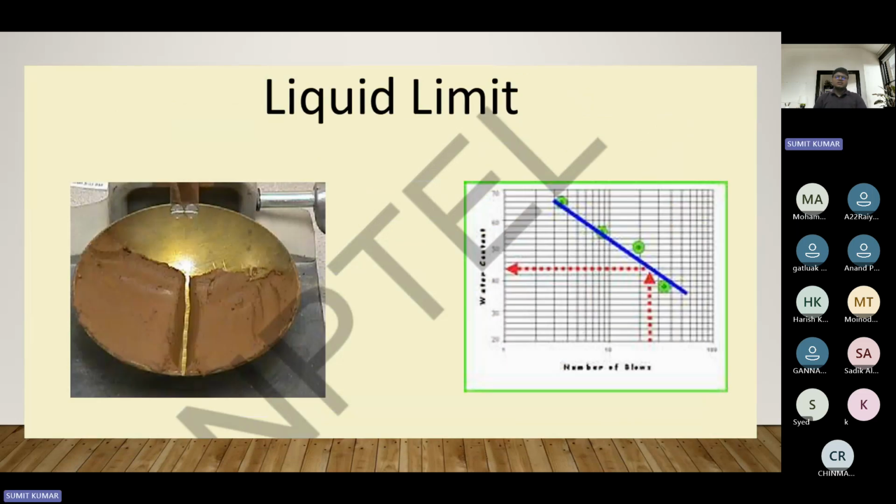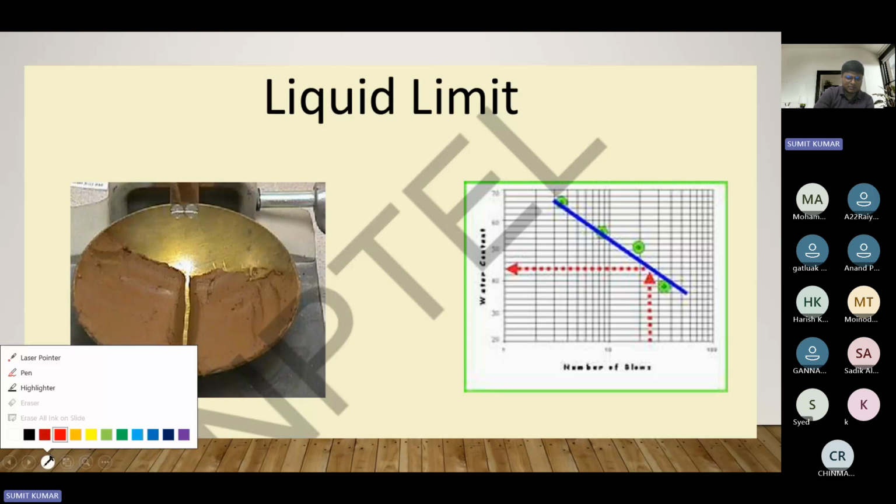Okay, so in the liquid limit test, we use the Casagrande apparatus. If you are students in an engineering college, you must have seen this liquid limit test apparatus, the Casagrande apparatus.